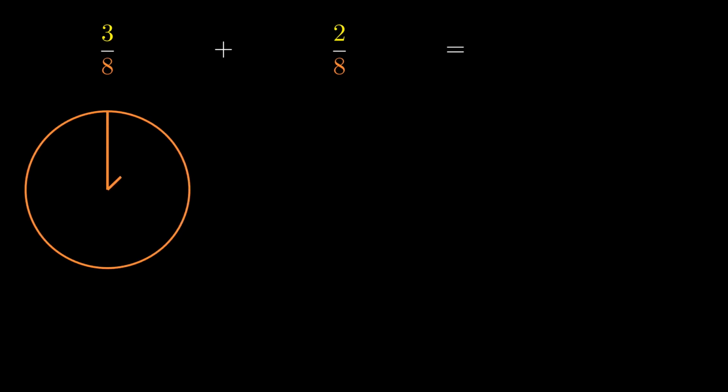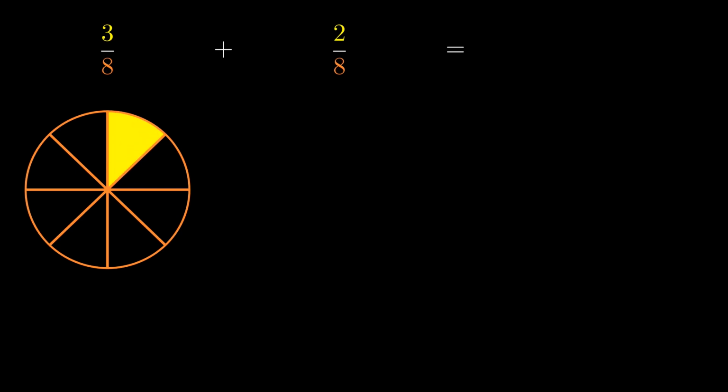Now for another example. 3 over 8 plus 2 over 8. Again, let's represent this in diagrams as a pizza split into 8 pieces. First, to find 3 over 8, let's shade 3 pieces as shown here.